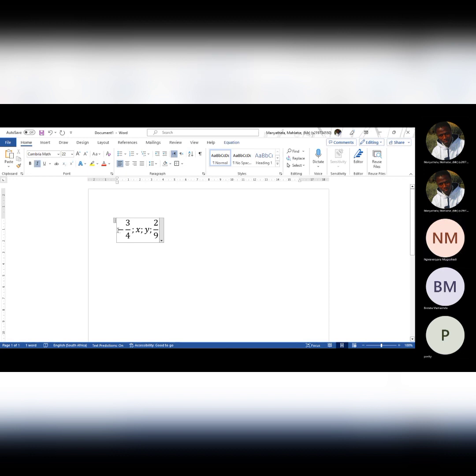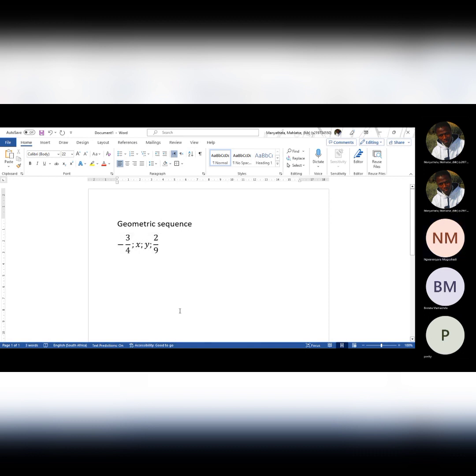Now, in a geometric sequence, to get to the next term, we take the first term and multiply by the ratio.